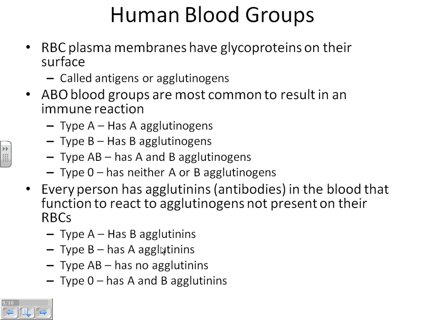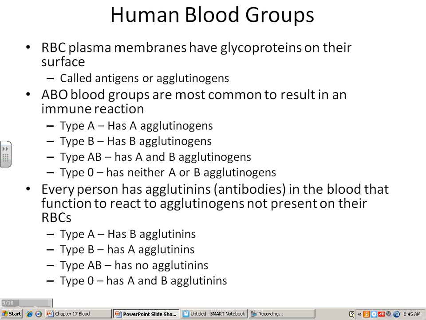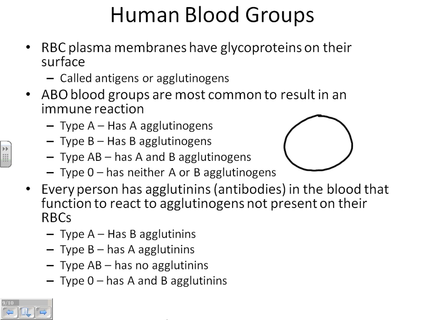There are other things, but these are the most important ones we have to worry about. So a red blood cell is going to have little proteins sticking off of it. The proteins sticking off of the surface are called antigens.